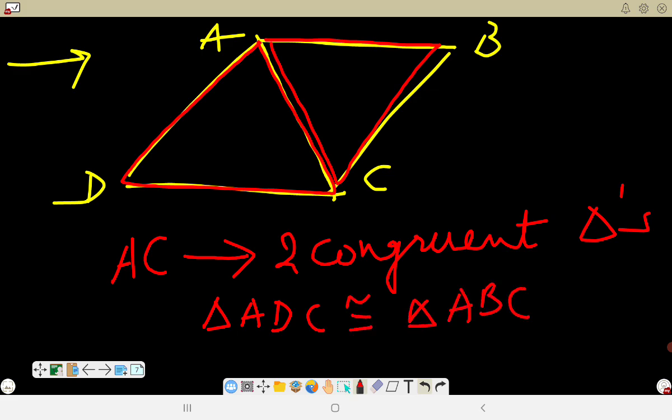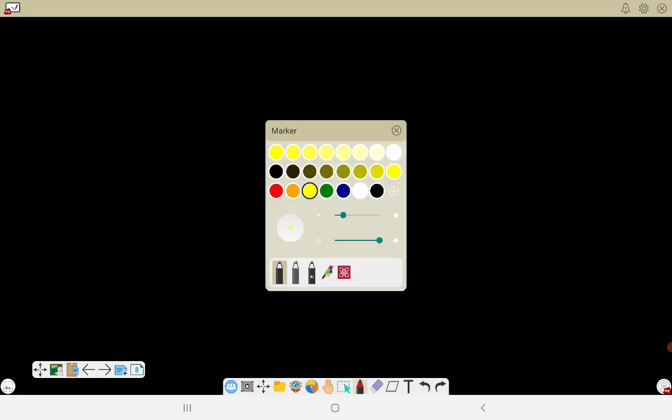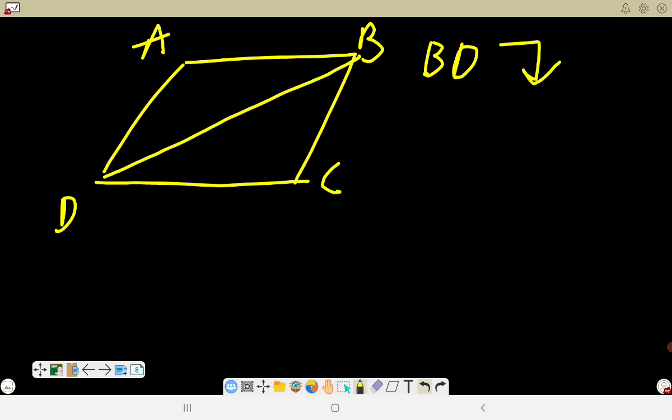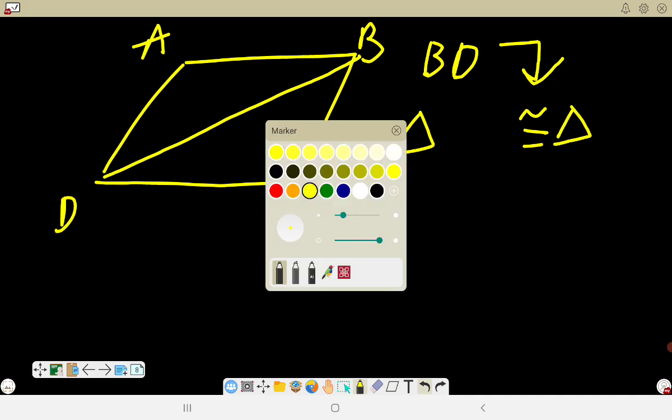Say triangle ADC is congruent to triangle ABC. Similarly, if we join the diagonal BD, we joined AC earlier, now in the next figure we will join BD. Can anyone tell me which two congruent triangles BD divides this parallelogram into?